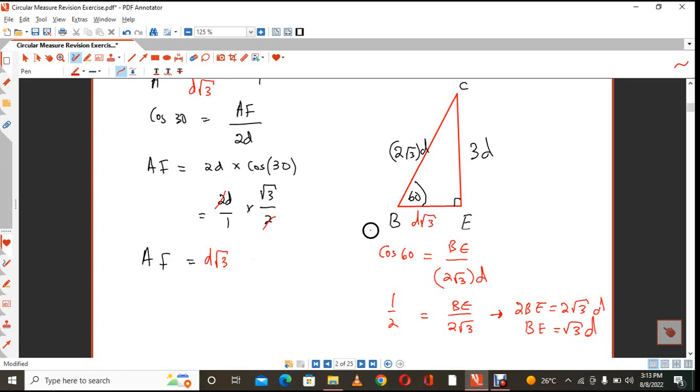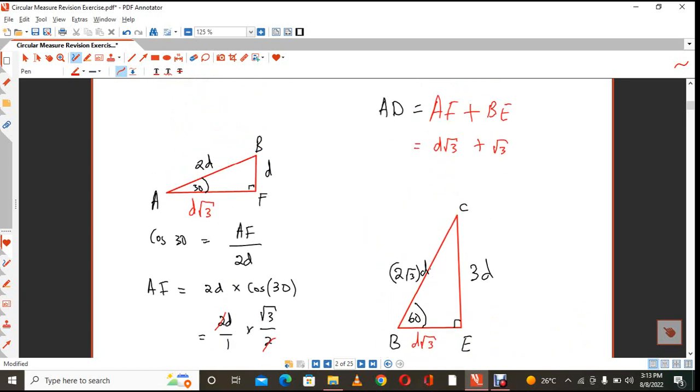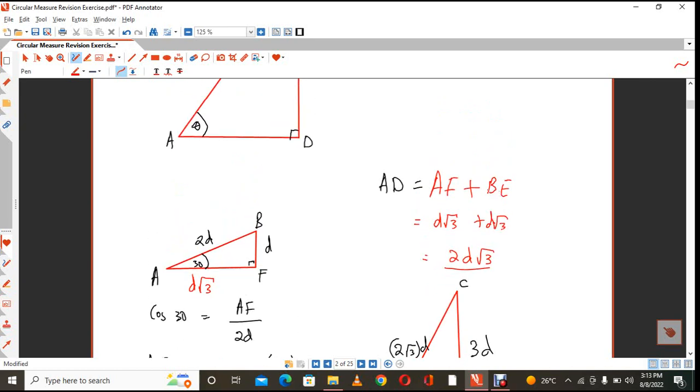At the end of the day, we are going to have D here also. So what is the final answer? The final answer has to be 2 times this, so the distance of AD is going to be 2 times root 3 multiplied by D.